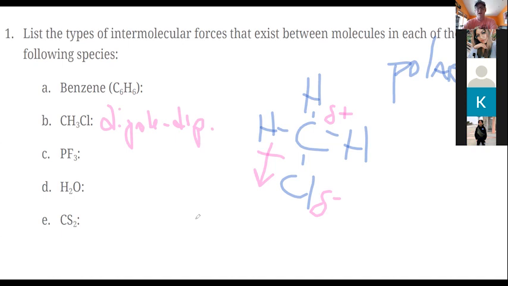Could it hydrogen bond? No. There's no ions because it's only a partial charge, so that's out. And can it or can't it hydrogen bond? It can't, because the hydrogens are bound to carbon, so that's out. So we have a dipole-dipole interaction. Do we have anything else?